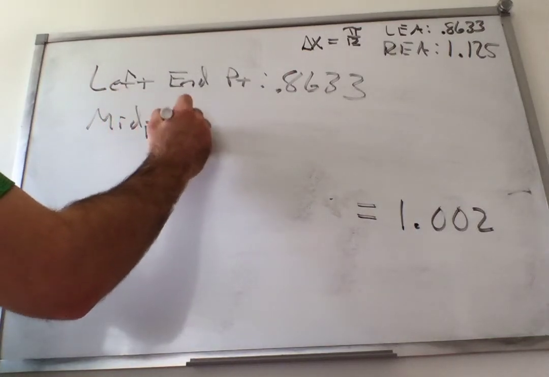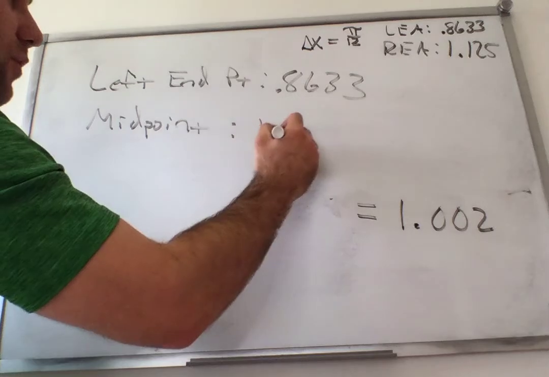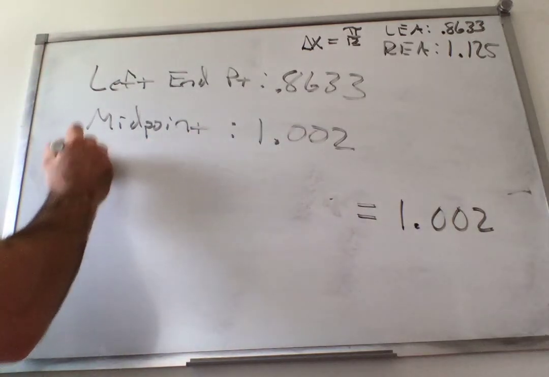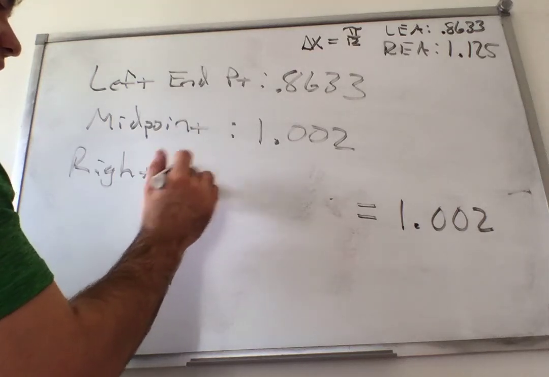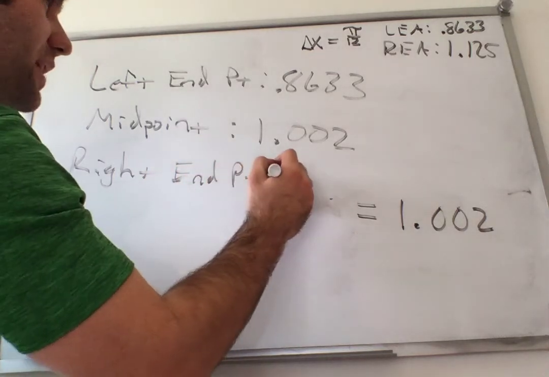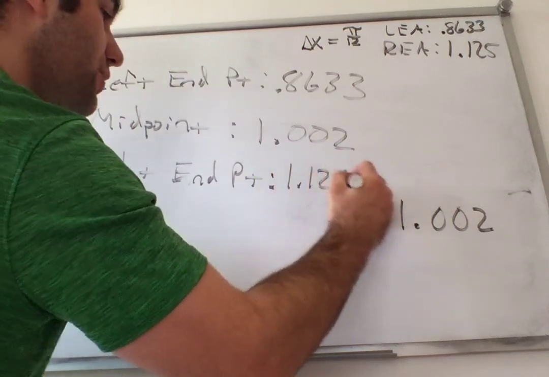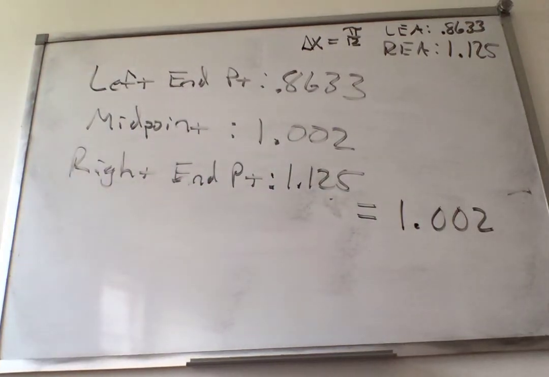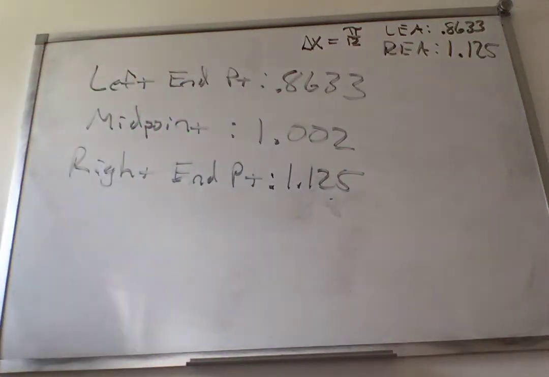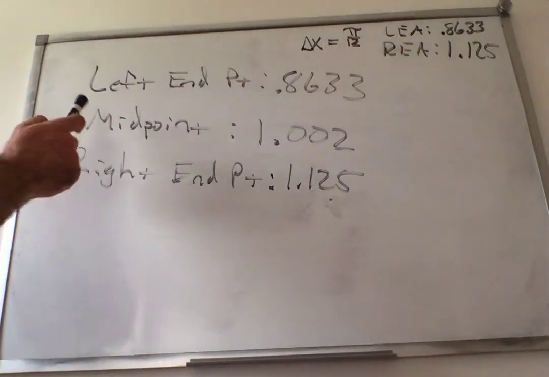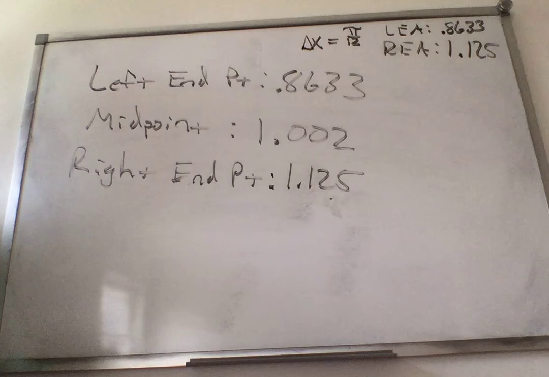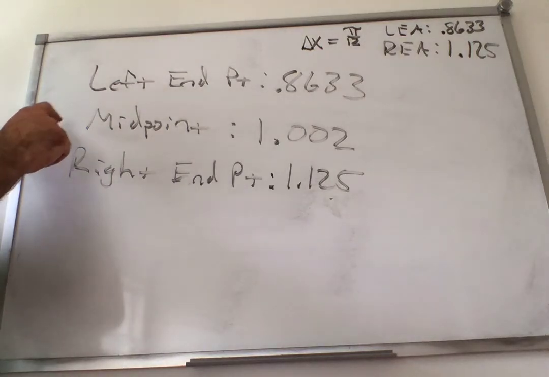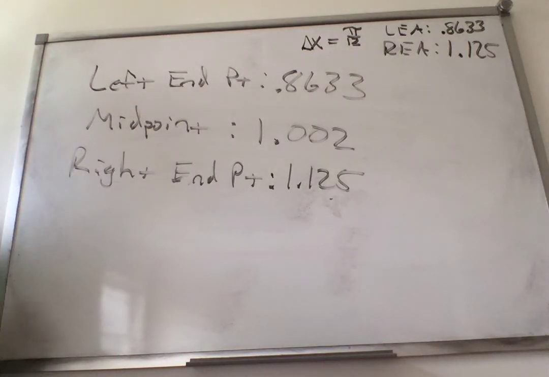The midpoint approximation gave 1.002, and the right endpoint approximation gave us 1.125. So as you can see, the midpoint one, although we had to do a little bit more work finding those midpoints, was actually the best approximation that we had between the left, the right, and the midpoint.